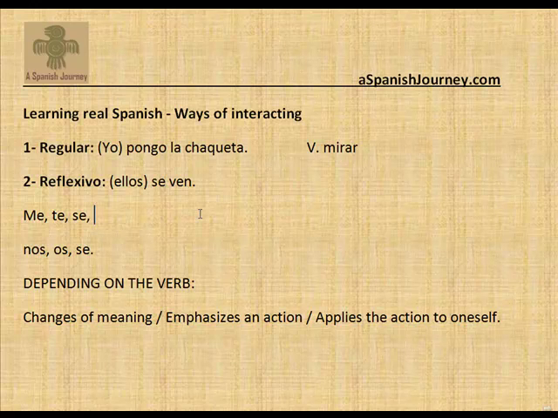Okay, what I usually tell students is just keep trying, and try to apply reflexive a lot whenever they want to emphasize an action, sometimes change the meaning, or to apply an action to oneself. Okay, so now we can go to the third option of ways of interacting in Spanish.